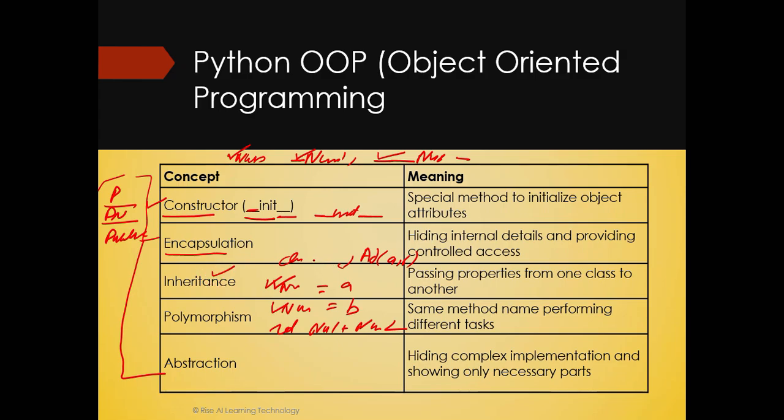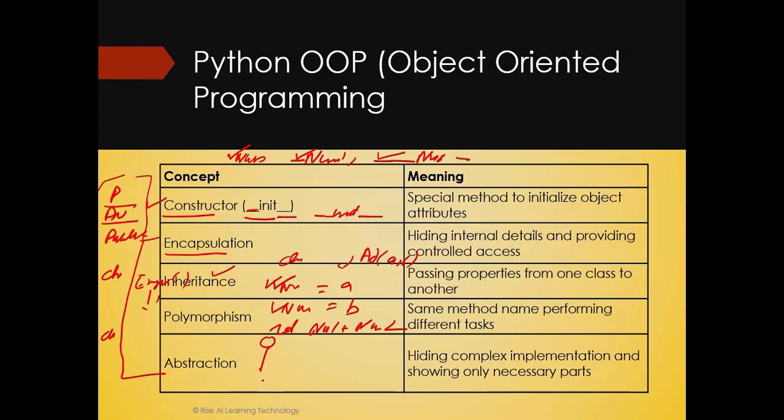Inheritance is a concept of passing properties from one class to another. Suppose I have a class which has a method or property, say engine, and I want to create another class which wants to inherit this. It's a kind of parent and child relationship.